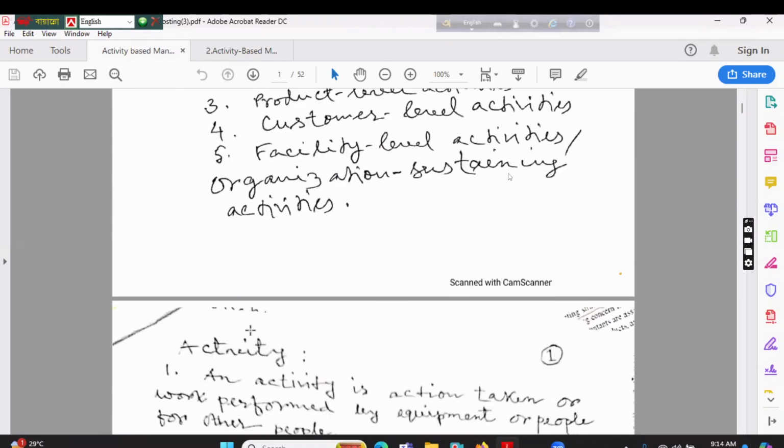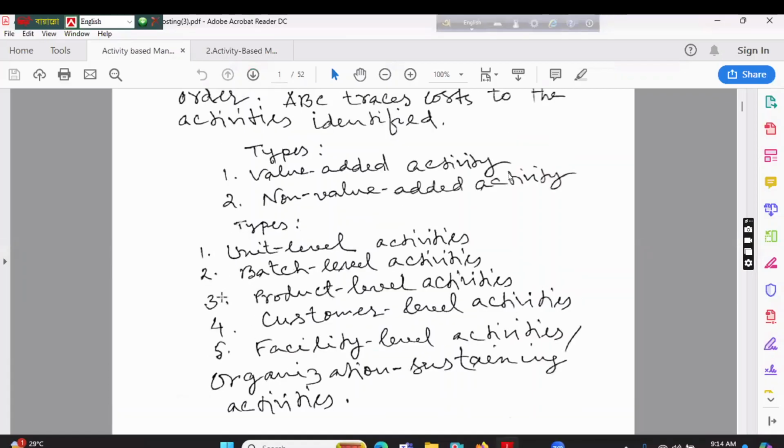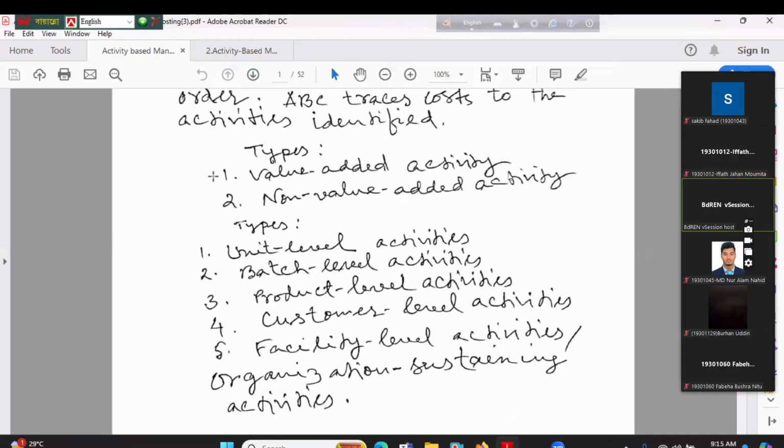Now, types of activity. Before discussing types, I would like to discuss more about activities. Every activity has inputs and outputs.